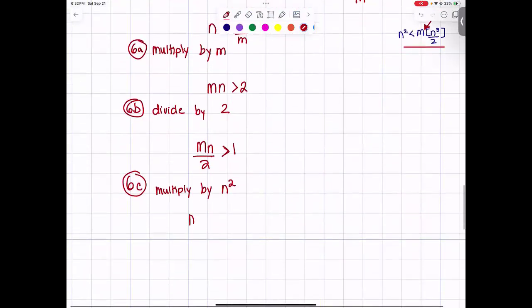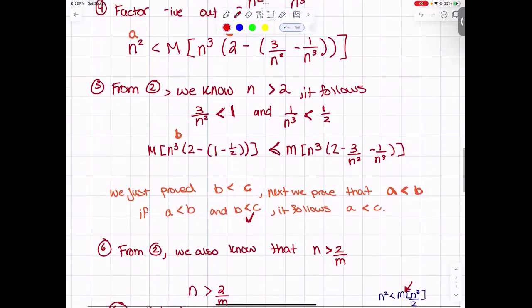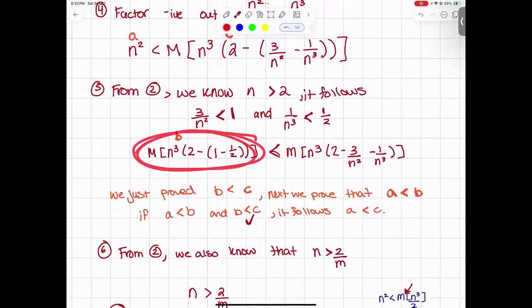And we'll have mn squared over 2 is going to be greater than n squared. And now we can stop because here we have this piece right here. And a reminder that this is basically just our B rewritten.